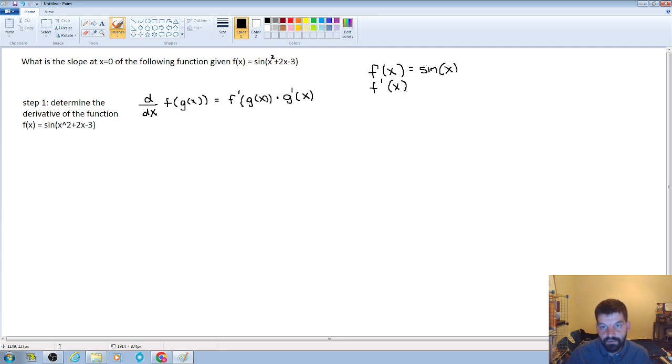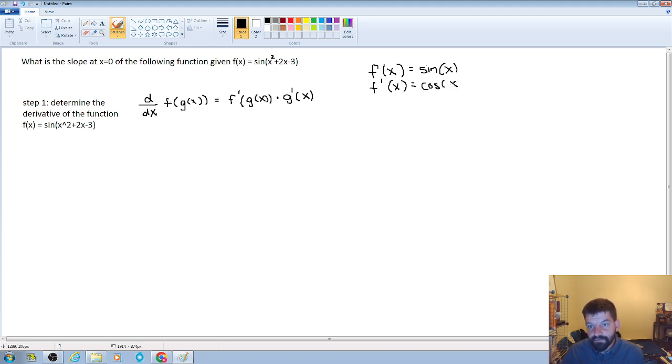And this table approach is really good for keeping things organized and helping you understand the relationships between the functions you have in your question and the associated derivatives that you may be evaluating at. So this will be cosine of x.